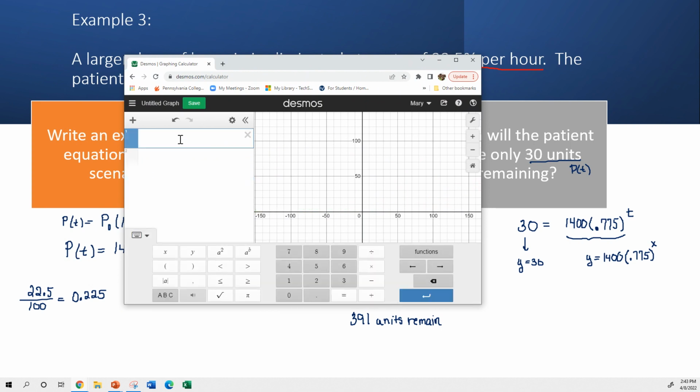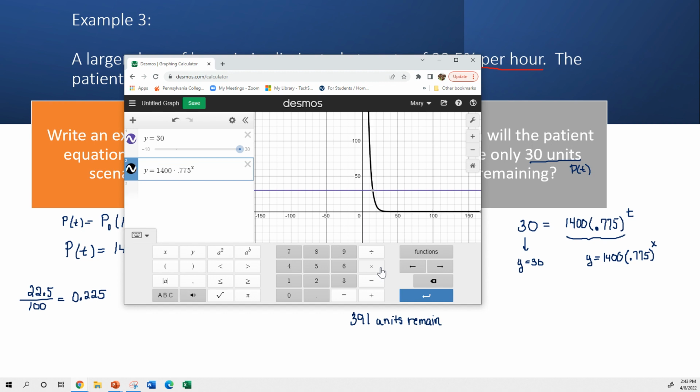And so our first equation here is y equals 30. And our second equation, y equals 1,400 times 0.775 to the x power.